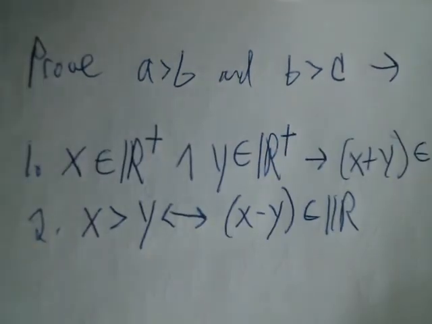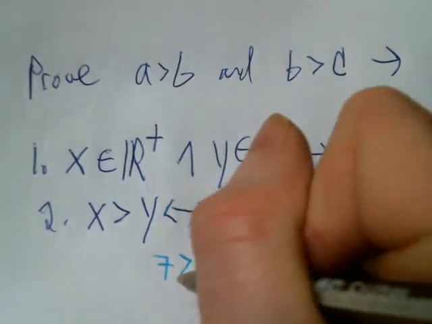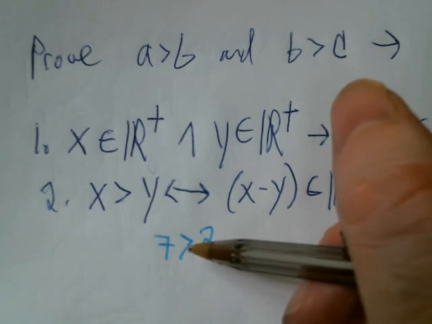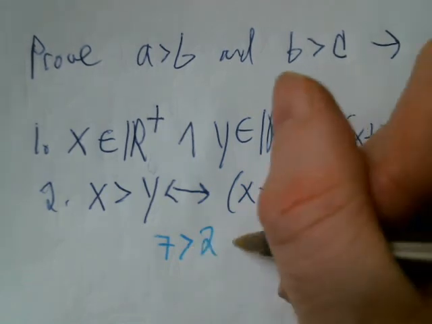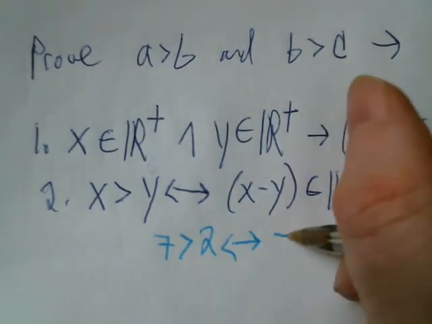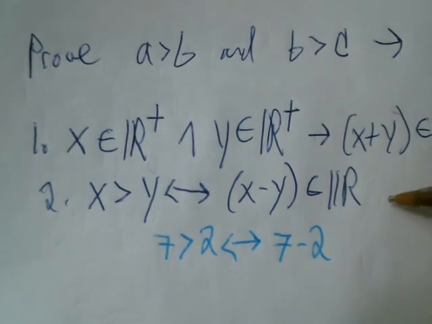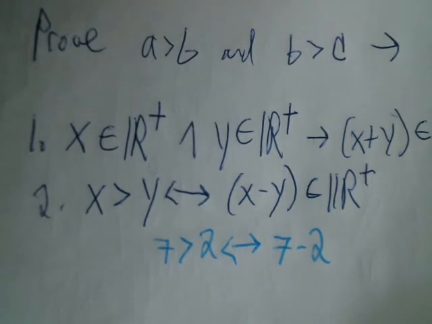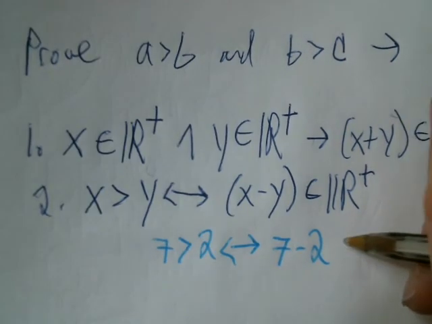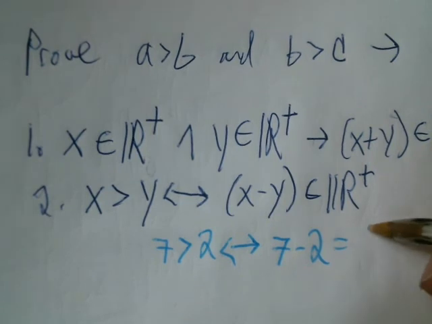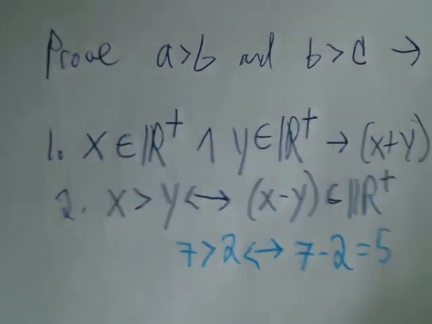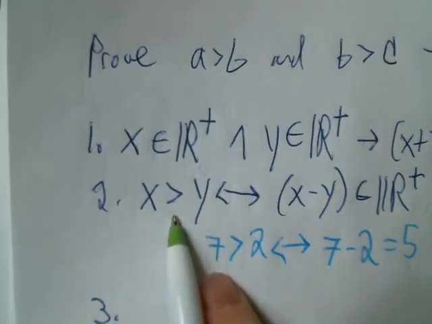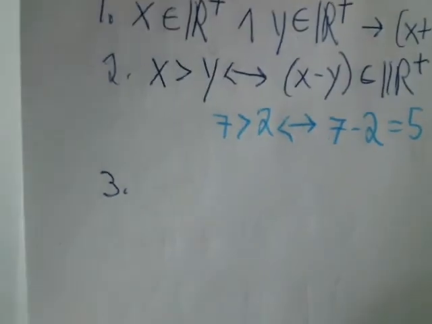So for example, 7 is greater than 2, which it is, and those are both numbers in the positive reals, then that's equivalent to saying that 7 minus 2 is also a positive real. Okay? And we note 7 minus 2 is 5, which is a positive real number. Okay, so it's just a way of defining this order relation.